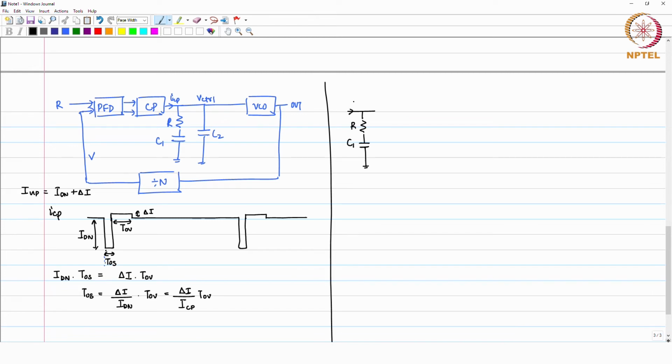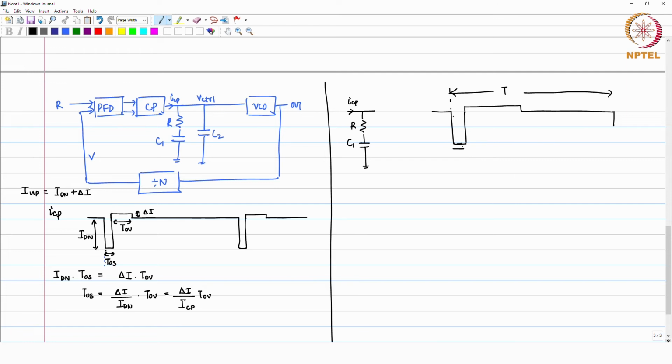So, if this is my loop filter and I have ICP the way I have shown you, I will again draw here with an enlarged value. This is ICP, and then I have a large portion which is T overlap. Now, this is repeating. So, this is your total time period T.